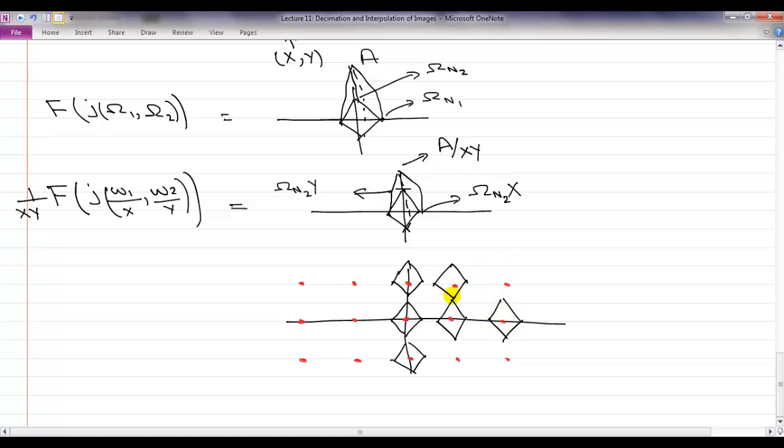This should all, of course, be regular. I'm not drawing it that carefully. They should all have the same shape and same distance from each other.